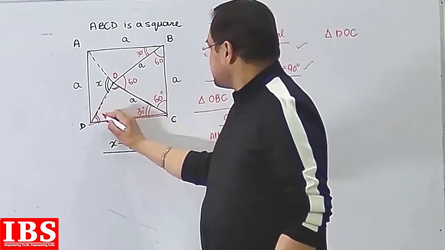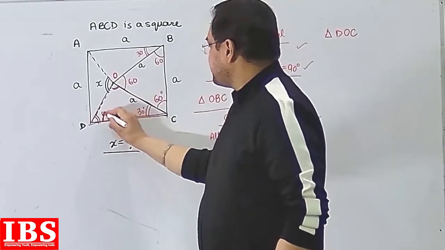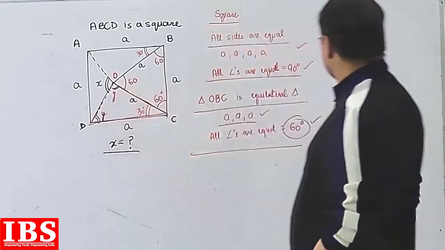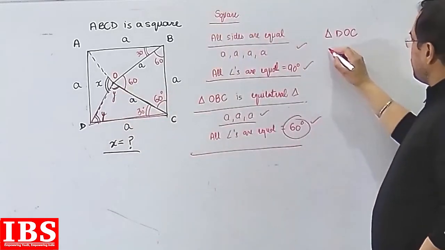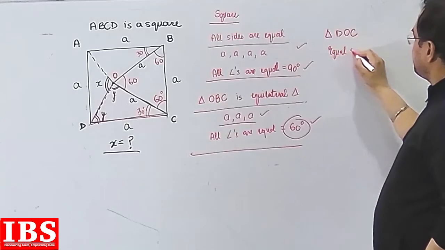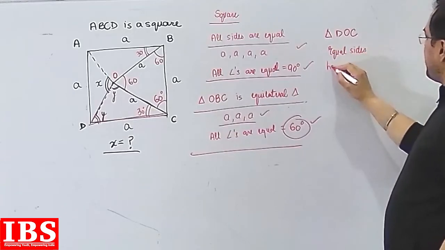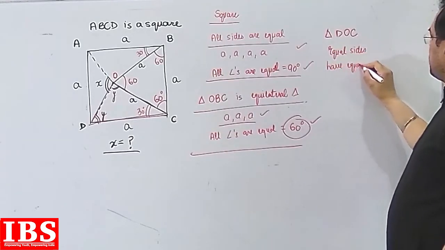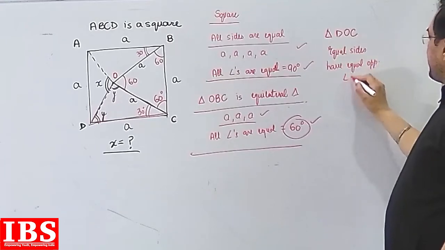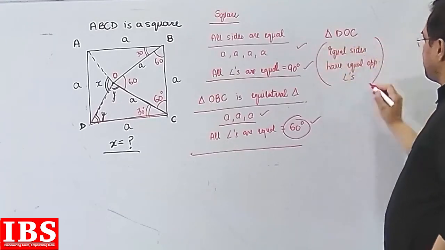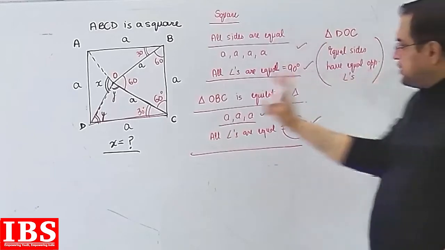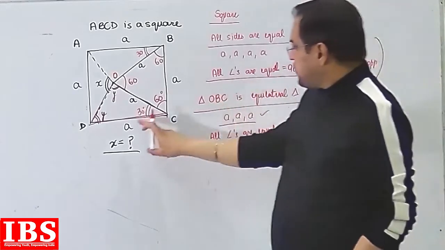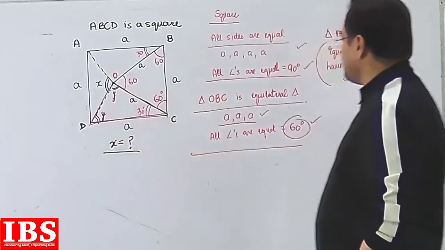If this is X, this is Y. This is also Y degrees. From where do we get this property? Equal sides have equal opposite angles. This property we are using right now, the property of triangles.